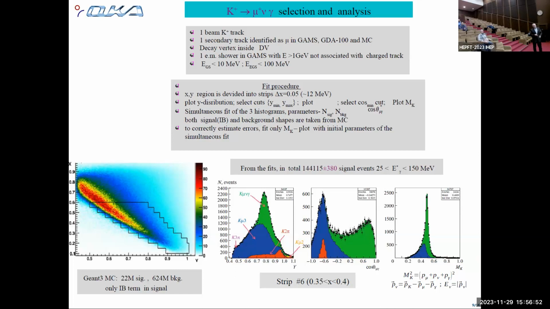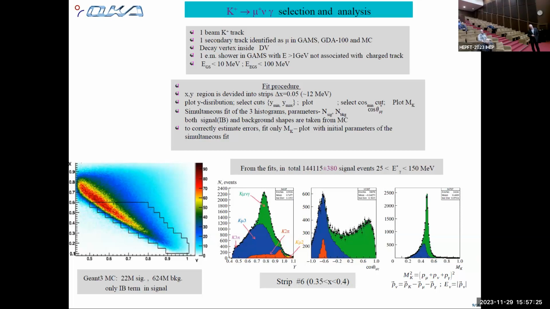Then we have background and signal. We know the shape from Monte Carlo, and we do a fit. So we find the number of signal events in every strip, and you see the discrimination parameters. First is this distribution over Y, so over the energy of the muon. You see this signal peak and background.